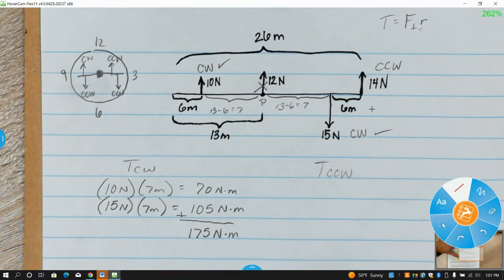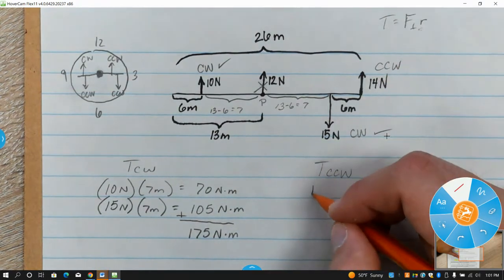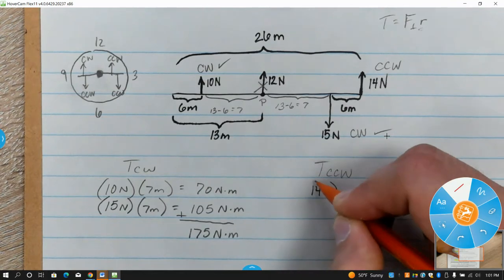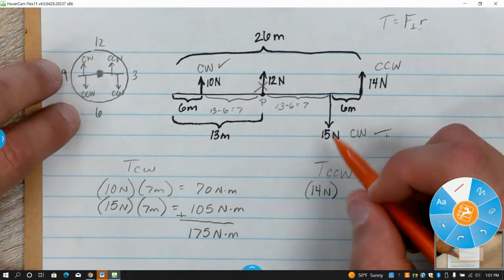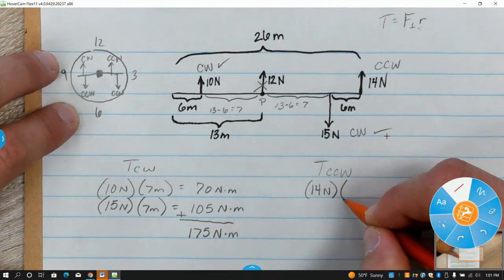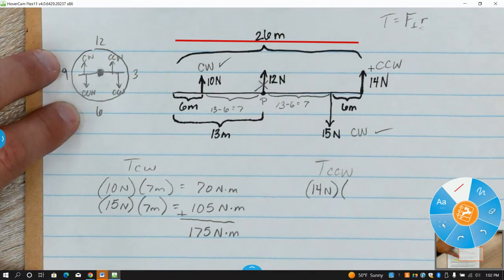Okay, so the next thing that we need to worry about is our counterclockwise. And that force is 14 newtons. And how far is 14? 7? No, it's 13, because the 6 is on the top, right? So 26 is the full length. This half was 13, which means this whole half also has to be 13.